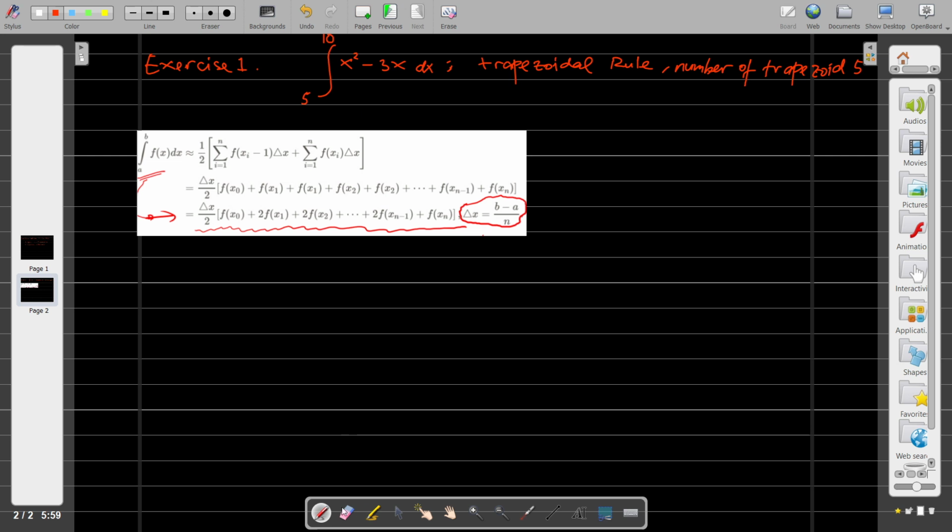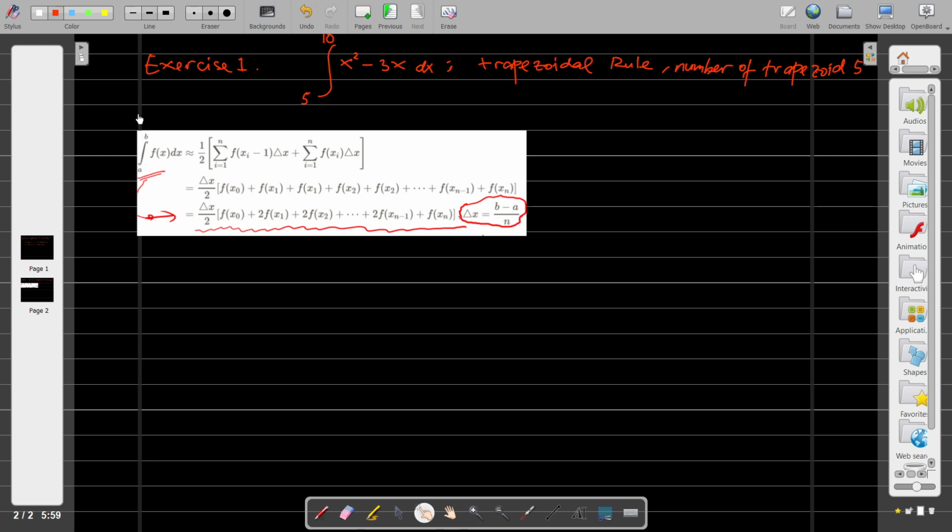We are going to find the value of this integration by using the trapezoidal rule, and the number of trapezoids is 5. Okay, so we recall the general formula, and this formula can be obtained from our previous meeting.